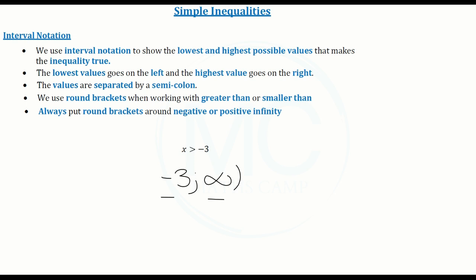This means it can be negative 2.99999 and so on, just not negative 3. So just like our previous example, we can put a round bracket around negative 3. And this shows us that our value of x can be anything down to negative 3, just not including negative 3 itself.